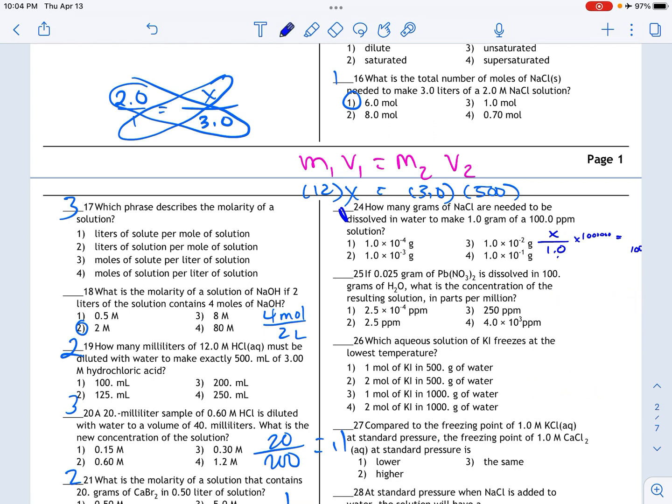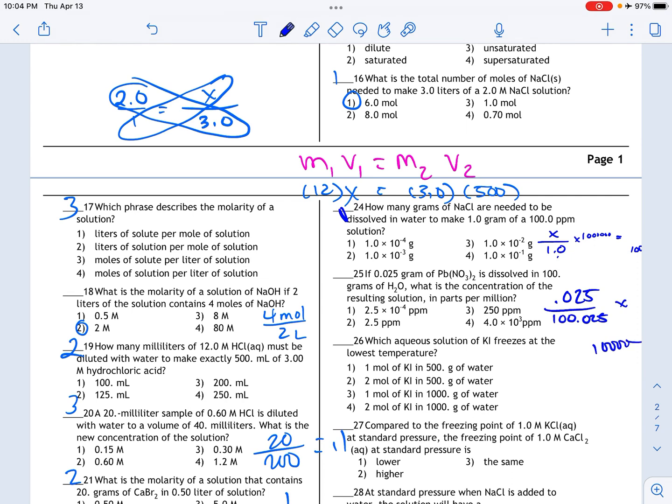If 0.025 grams of lead(II) nitrate is dissolved in 100 grams of water, what is the concentration in parts per million? So 0.025 over 100. Technically, we should add the solute in, but it's just water, times a million.